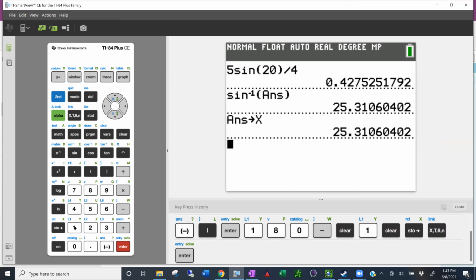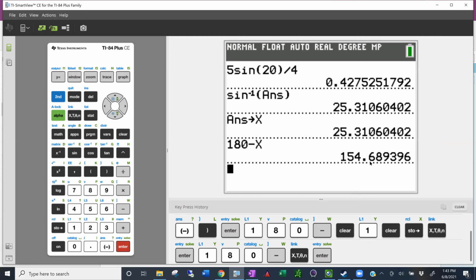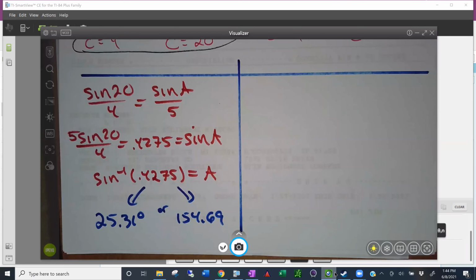The other possible answer would be 180 minus X, which gives you 154.69. The question is, do both of those form a triangle?